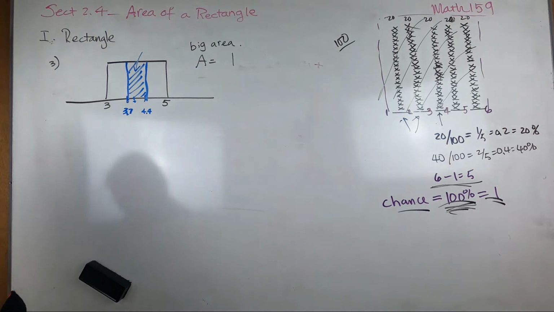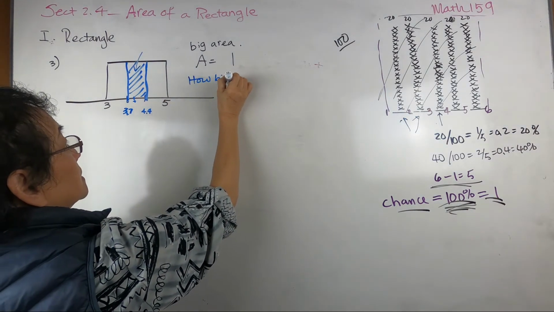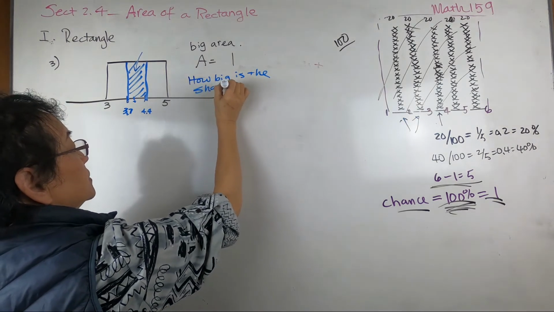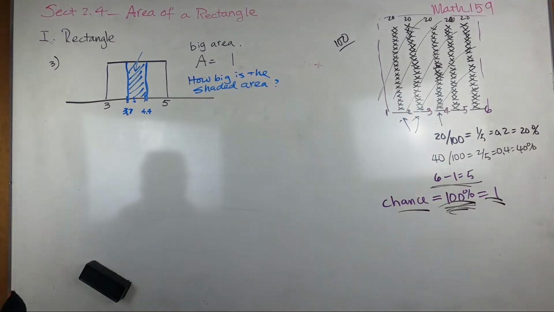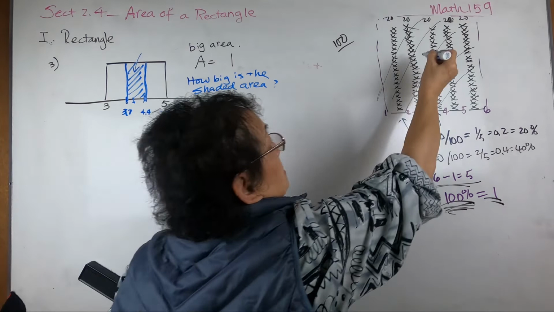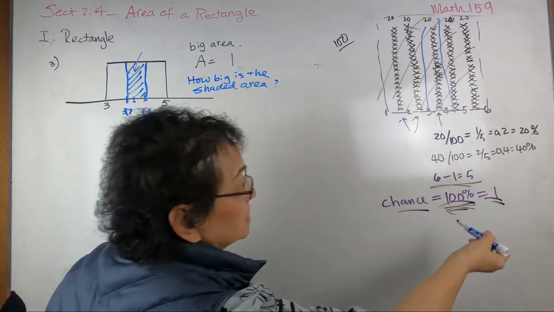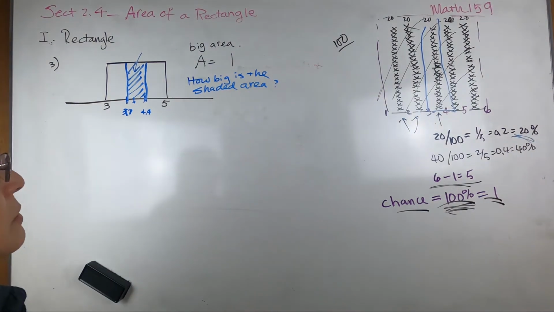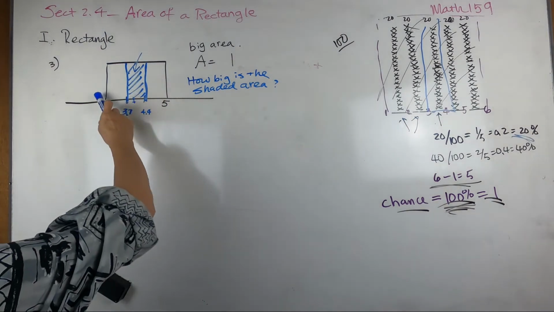The question is, how big is the shaded area? Just like, okay, how big is the group of people who stand in the middle? That would be 20%, 0.2, right? Compared to the whole thing, 1. So that's the same thing.